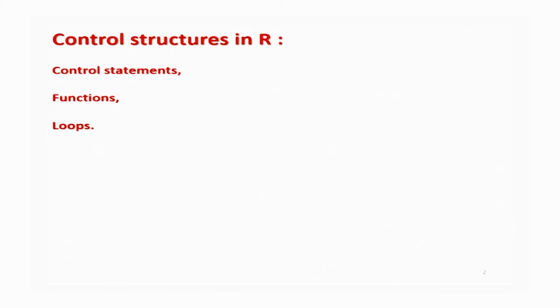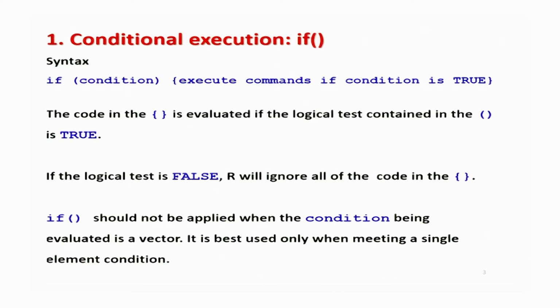As I said, now we are going to begin with the topic of control structures in the R software. First we are going to discuss control statements, then functions, and after that loops. This will continue in the next couple of lectures, and we are going to cover all these topics one by one. As I already explained, the conditional executions are needed when we want to execute a command when certain conditions are true or satisfied.